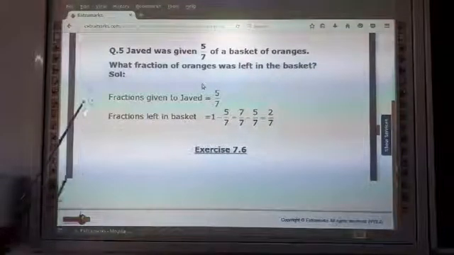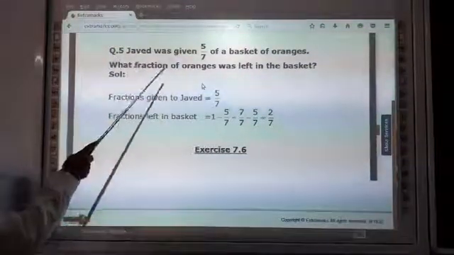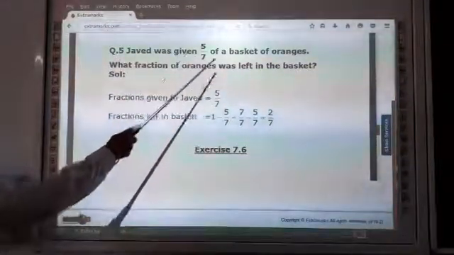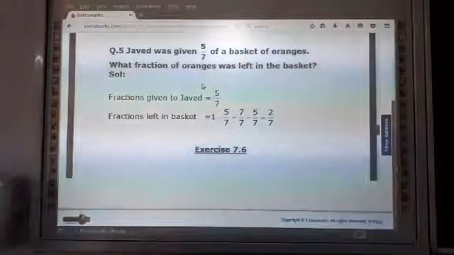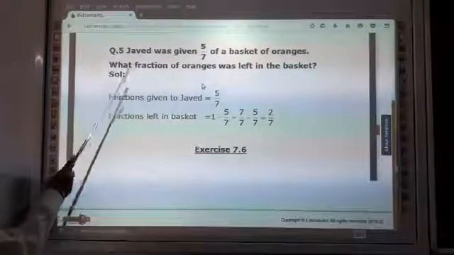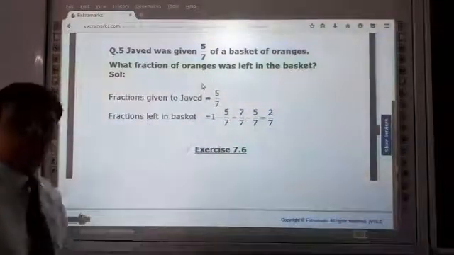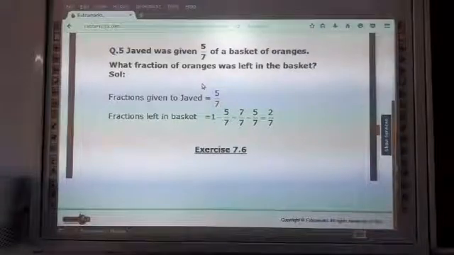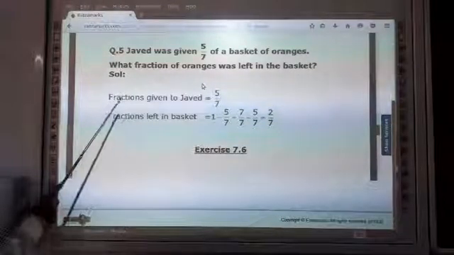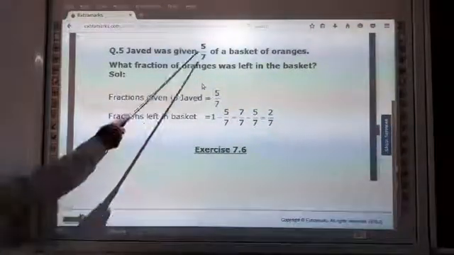Now next question. Javed was given 5 upon 7 of a basket of oranges. What fraction of oranges was left in the basket? Now solution is: fraction given to Javed is equal to 5 upon 7.